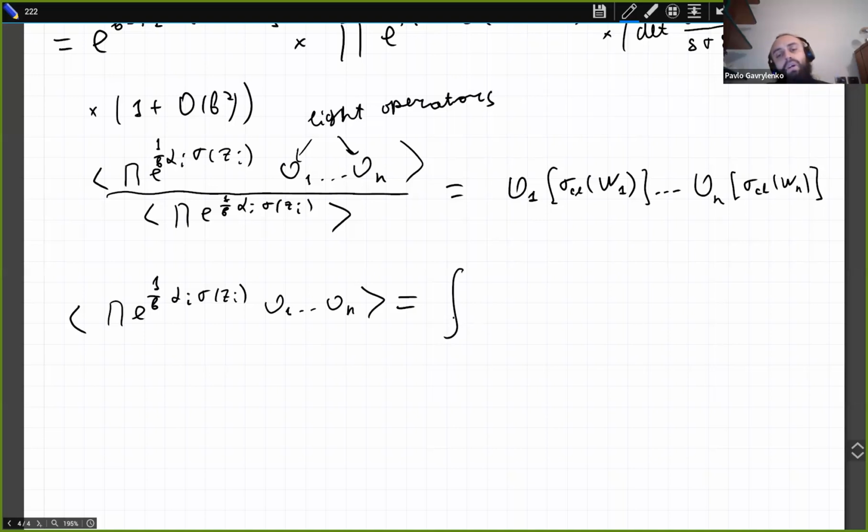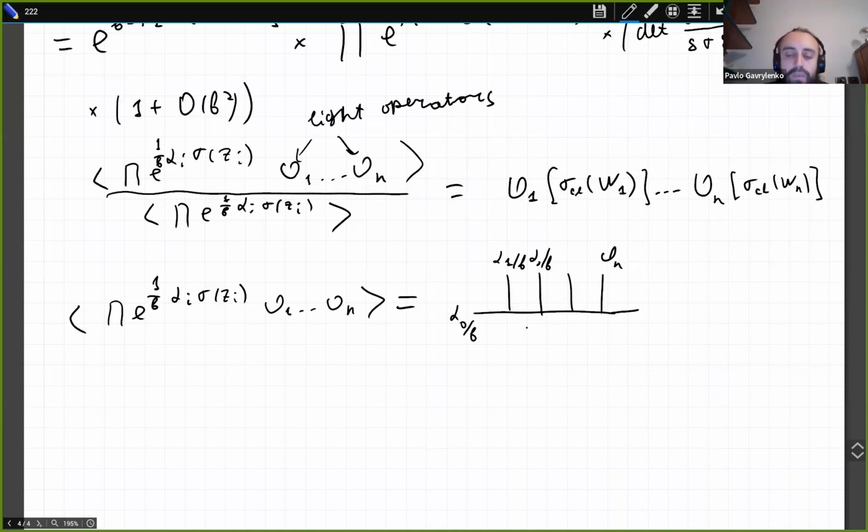So we can draw some picture: there is a conformal block with alpha 0, alpha 1, alpha 2, like some alphas over b, and there are some operators, O, On here.